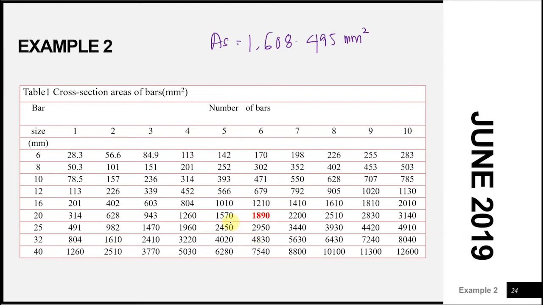Okay, jadi ataupun you mungkin 5Y25 terlampau besar. Okay, jadi kita ambil lah 6Y20. Okay, because dalam soalan pun tak ada cakap you kena pakai size apa. Jadi kita ambil je 6Y20.